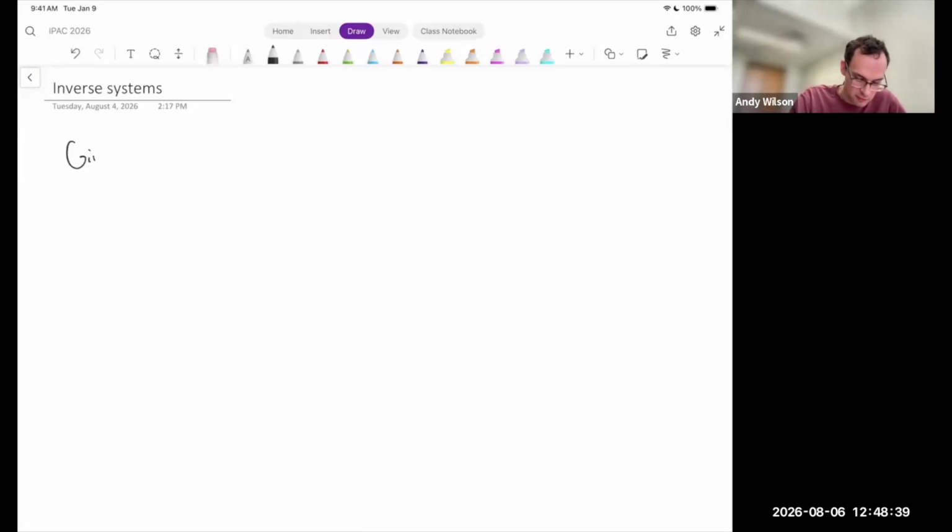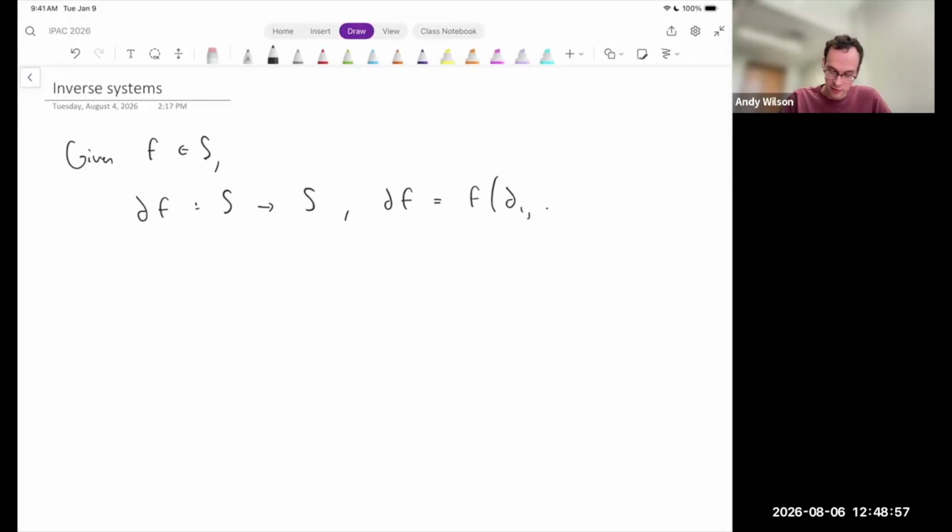Given a polynomial S, we have an operator given by, well, you just kind of replace all the variables with partial derivative operators, right? And this is a valid operator because partial derivatives commute and things like this.